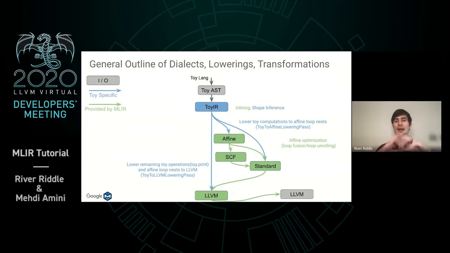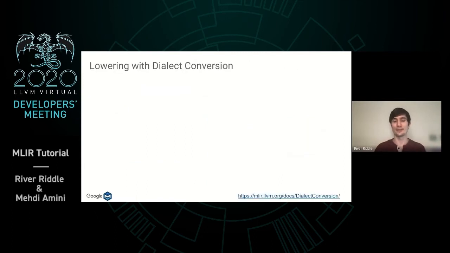And then those high-level loop forms we lower to the standard dialect, which has branching, like branch and conditional branch control flow, which has a natural mapping to LLVM. And then, of course, our print operation in Toy will also have its own mapping to LLVM, in which case we'll use printf.